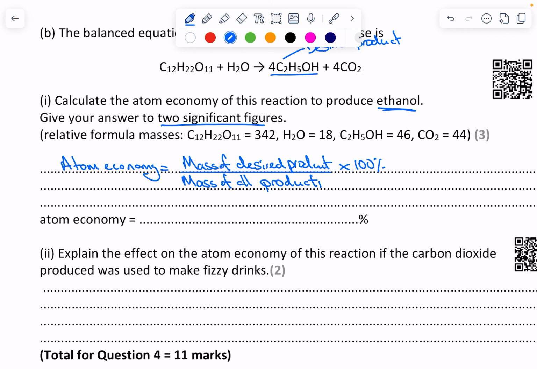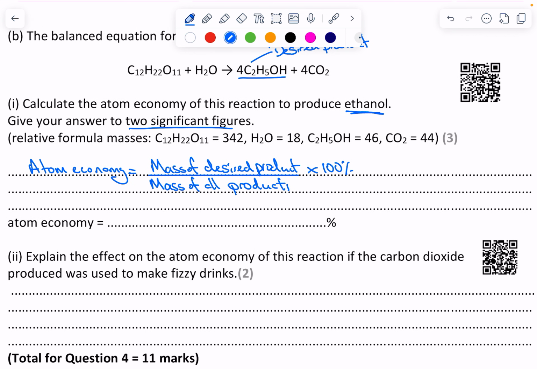So let's do some working out here. The mass of the ethanol, you can see here, is 46. But I have to be careful because if I go to the balanced equation, there are 4 moles of this. So I'm going to times that by 4. And then I want the mass of all the products. So we're going to have that ethanol, 4 lots of it, and then this side, I've got 4 lots of carbon dioxide.